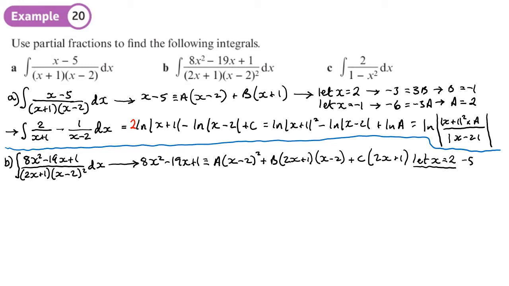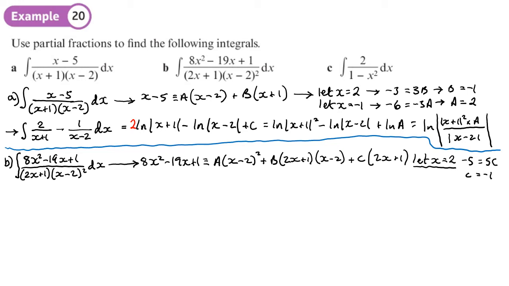So negative 5 will equal, now with 2, that's gone and that's gone. So we will have 5, 2 times 2, 4, 5C equals 5C, so that means that C equals negative 1.